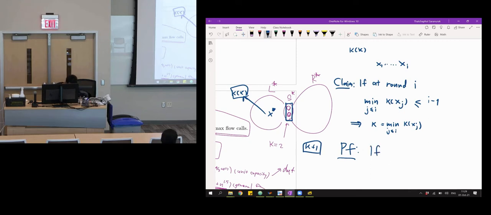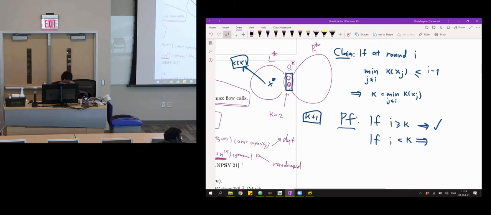If I is actually more than kappa, then we are done. If I is smaller than kappa, then that's not okay. If I is less than kappa, the property will not hold.